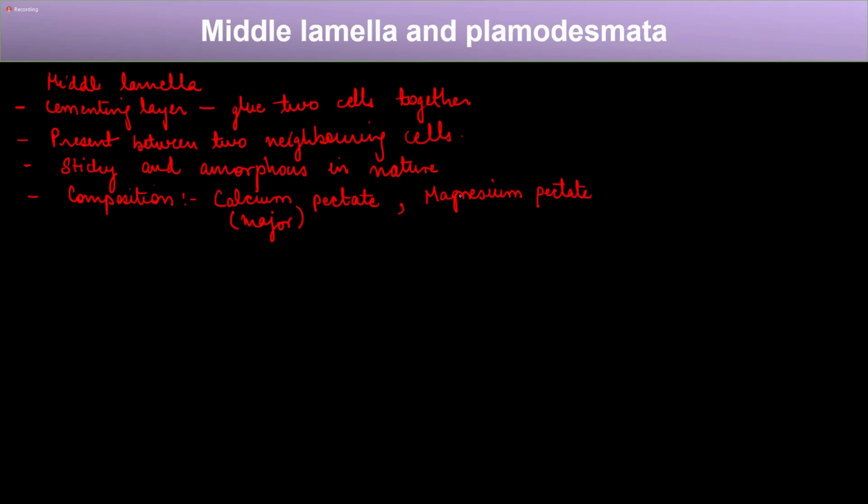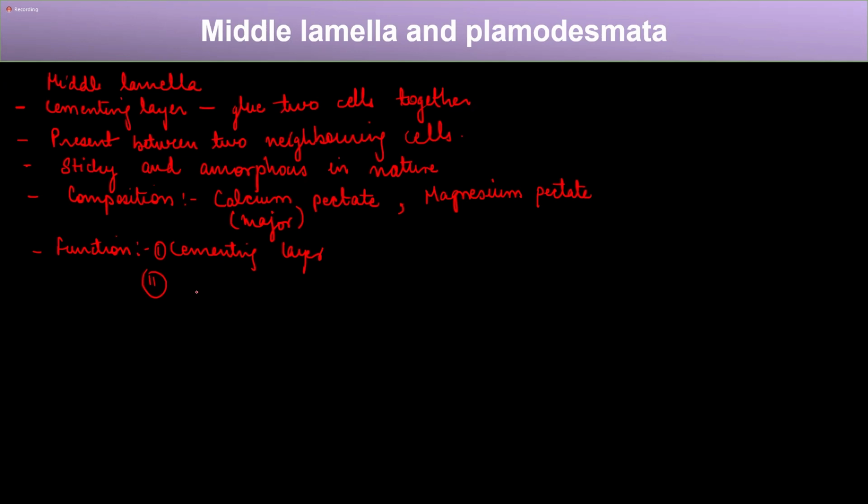Now, if you talk about the function, one function we saw is that it acts as a cementing layer. The second function concerns raw fruits. In raw fruits, this middle lamella is hard, but when the fruit ripens, the middle lamella becomes soft.